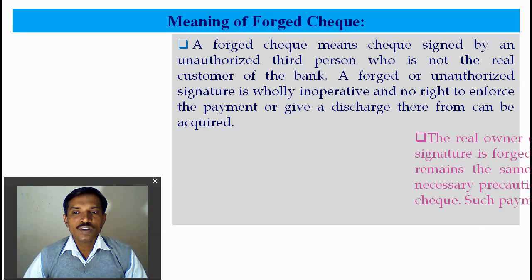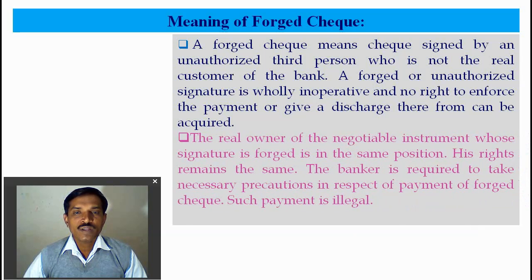In simple terms, whenever someone wants to cheat the bank or the drawer, he makes a duplicate signature on the check and presents it for payment in the bank. That time the check is called a fraud check. The real owner of the negotiable instrument whose signature is forged is in the same position regarding the fraud check. His rights remain the same.